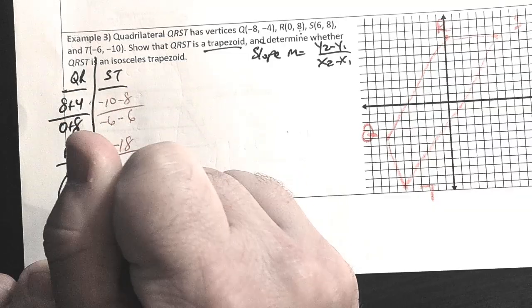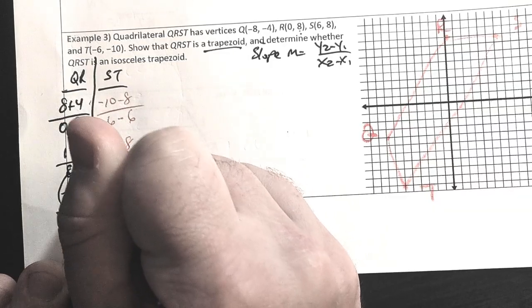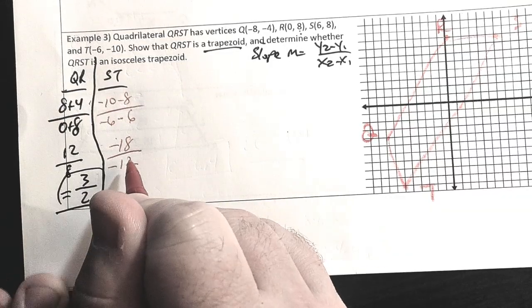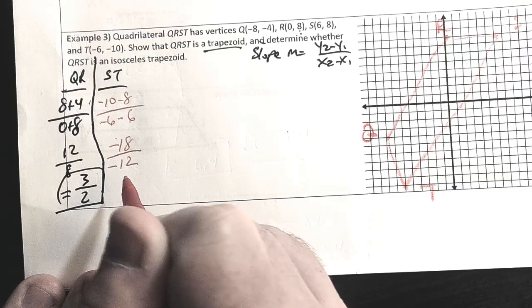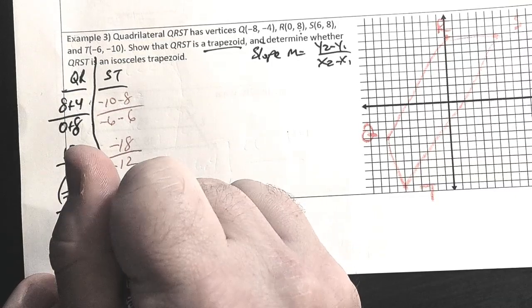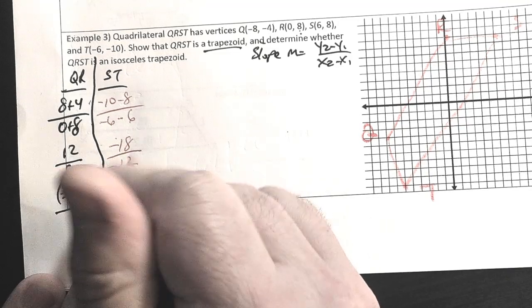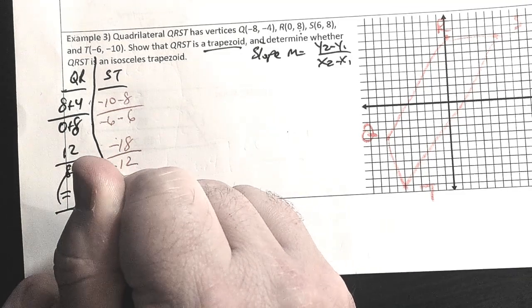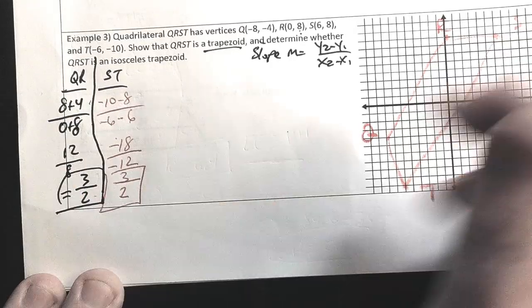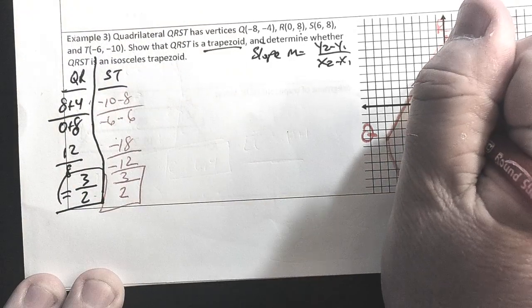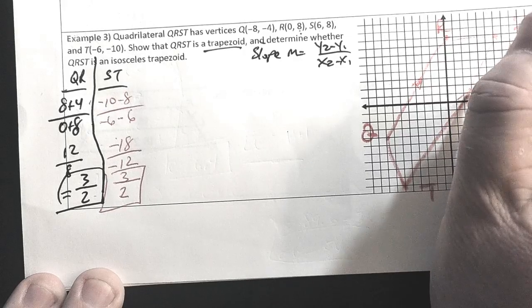Negative 6 and negative 6 make negative 12. Those negatives cancel. And so 6 goes into 12 2 times, and it goes into 18 3 times. And it's positive because, again, those two negatives cancel. So these are parallel sides.